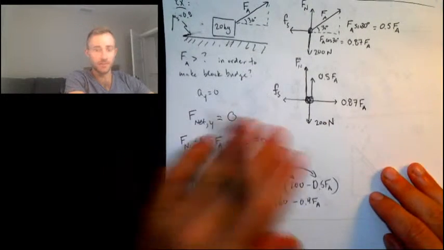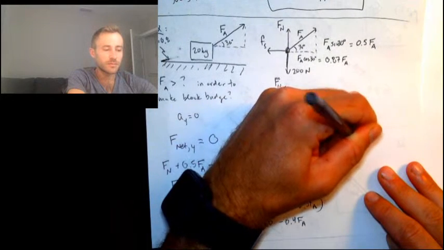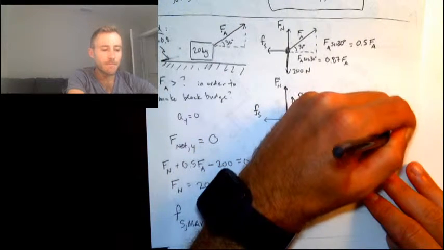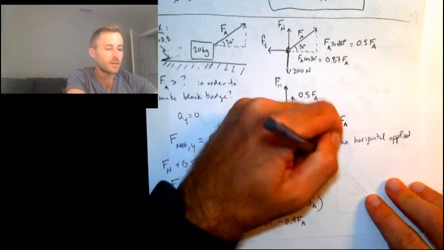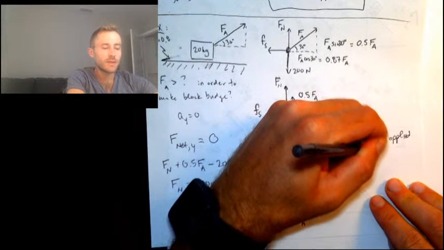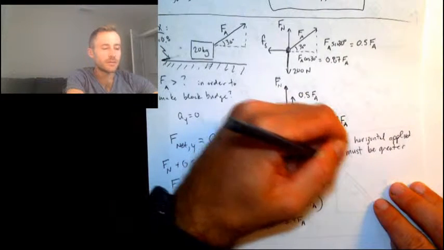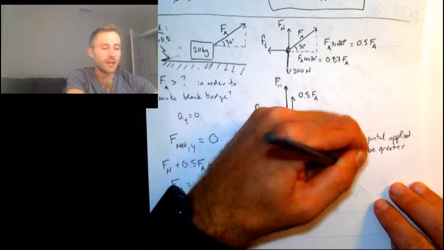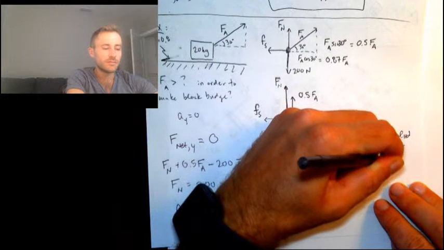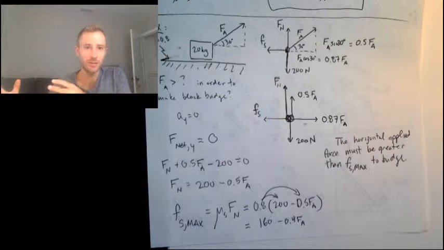Now here's the thing. The horizontal applied force must be greater than the maximum static friction to budge. You have to overcome friction in order to make it budge.